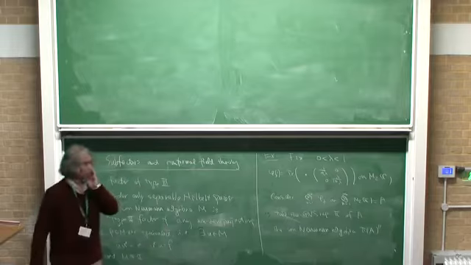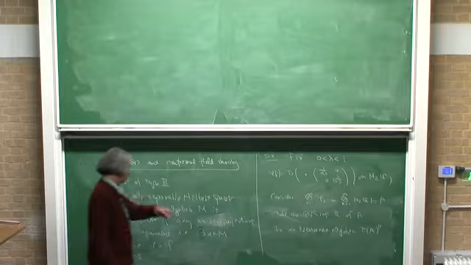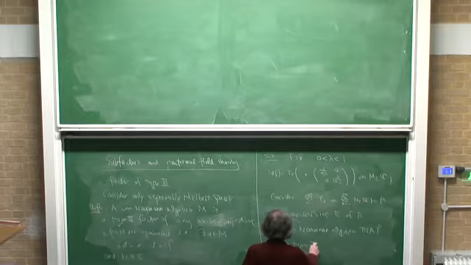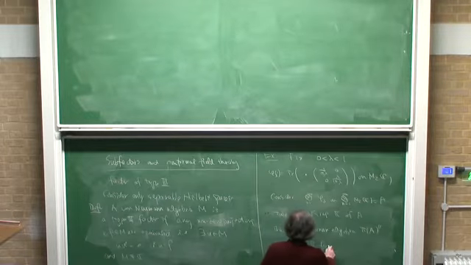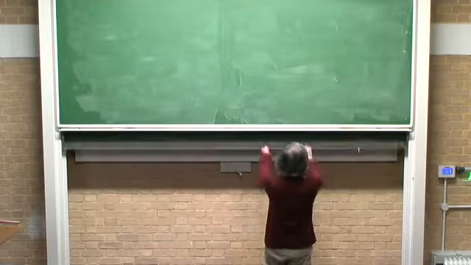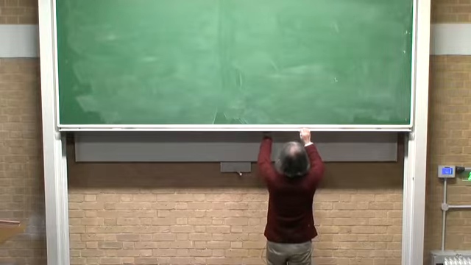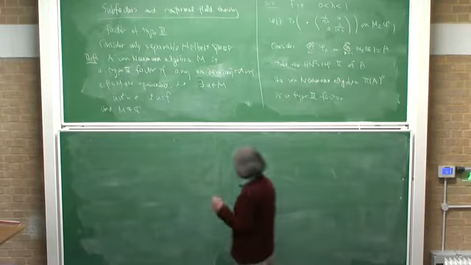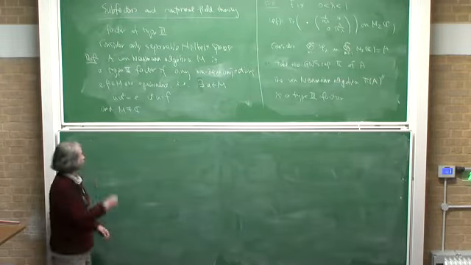So this is a von Neumann algebra by definition. Then this is a type 3 factor. This is the so-called Powers factor.